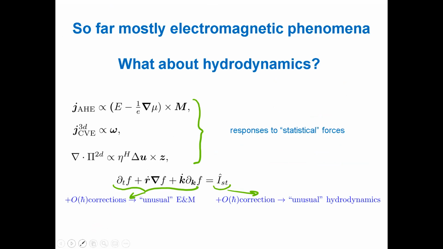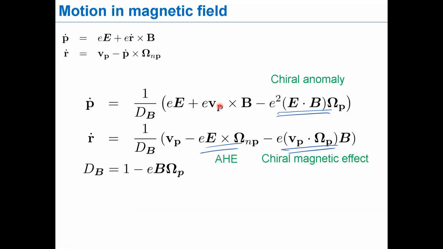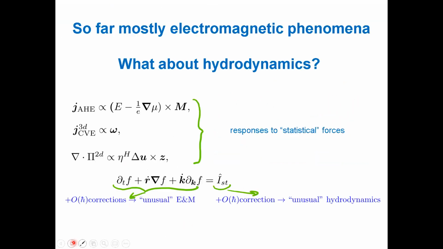Okay, so in particular, here you see that I talked about responses to electromagnetic fields, E and B. When we talk about hydrodynamics, we often talk about response to statistical forces, not actual forces, like the gradient of electrochemical potential, right?